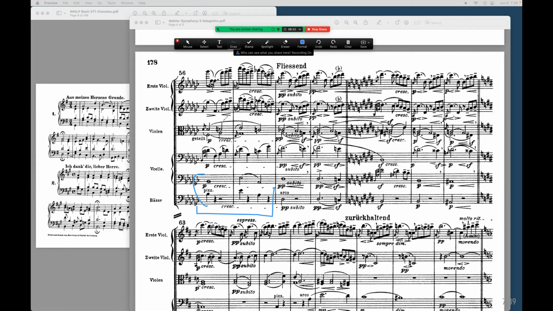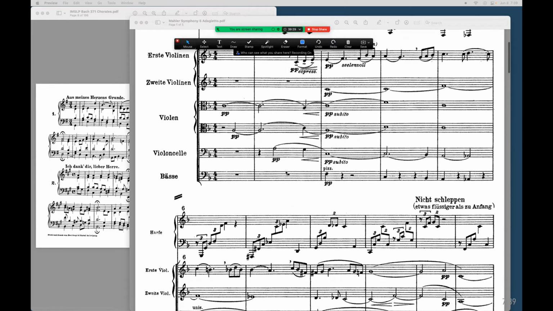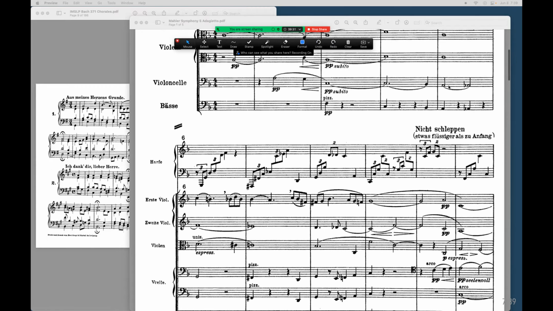And if we back up, you can find examples where this is happening in octaves. For instance, in bars 5 to 6, you have the cellos sustaining the note, and then the basses pizzing that note an octave below.